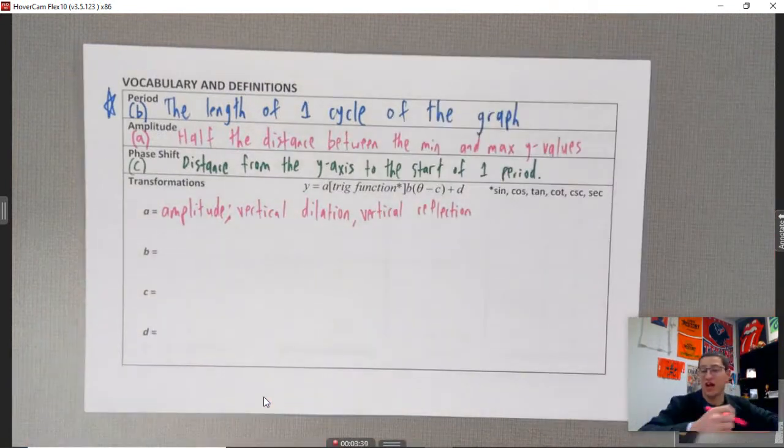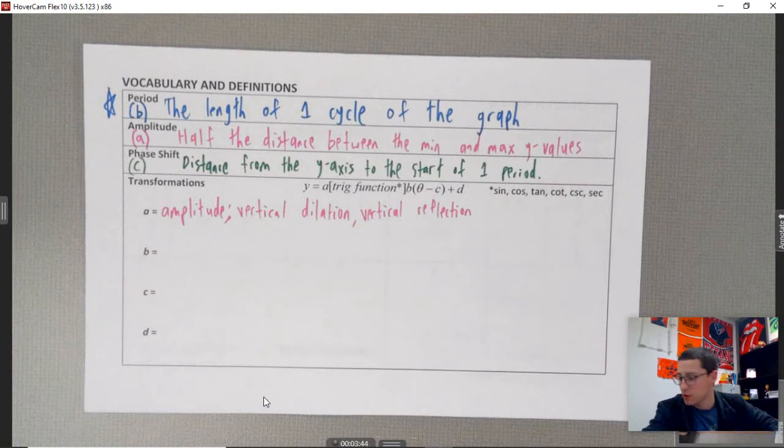Similar to your A value that you've been working with all year. So that one does correspond to the normal transformations that we've been using all year.